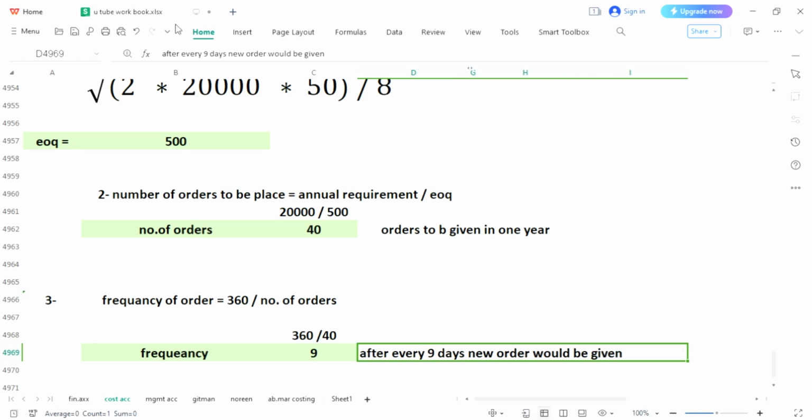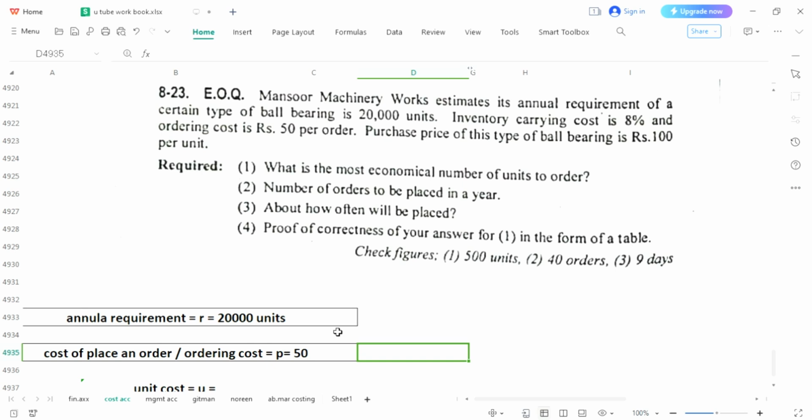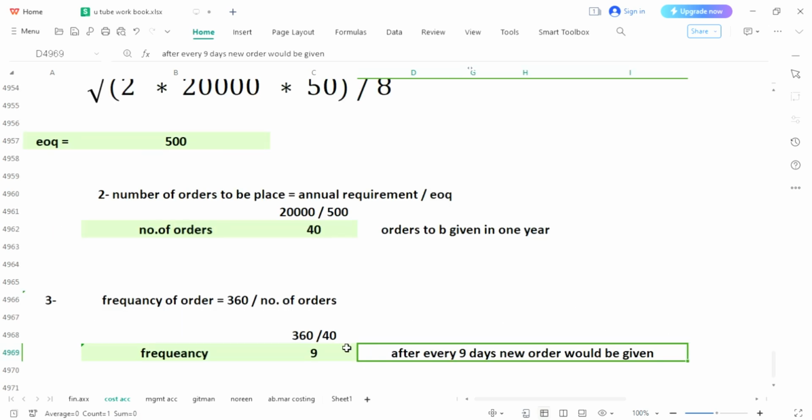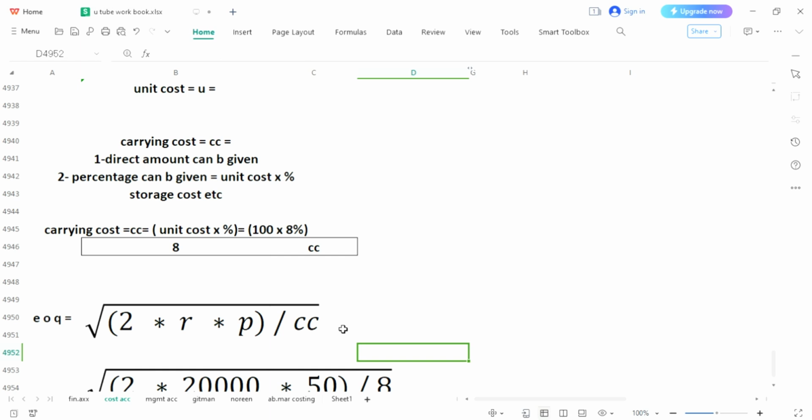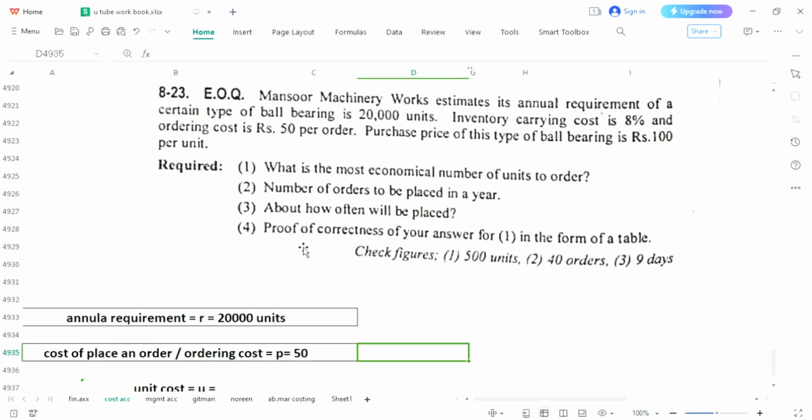So here is your turn, and you can stop your video here and repeat it 3 to 4 times. 3 requirements. Third answer is 9, and we haven't compared it with the book answer. Third answer is 9 days, which shows that after every 9 days a new order would be given. What next is in your question is proof.